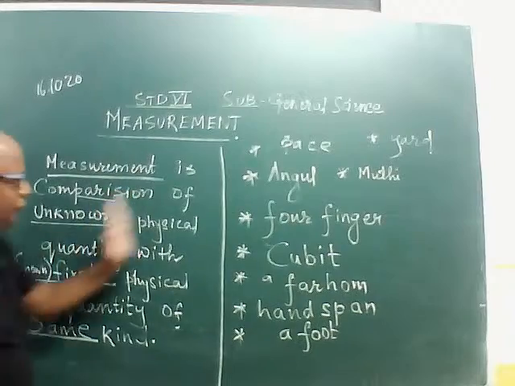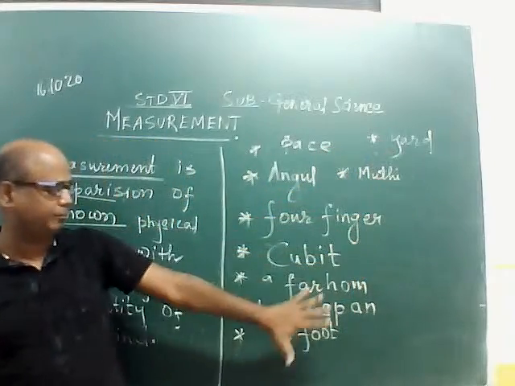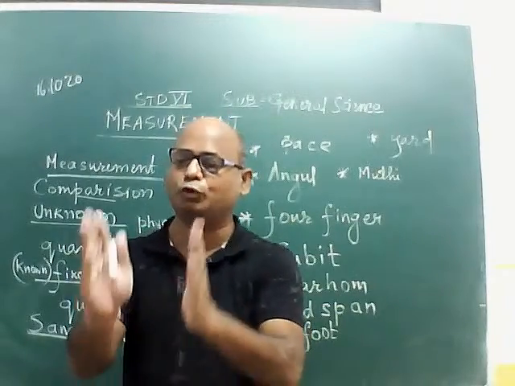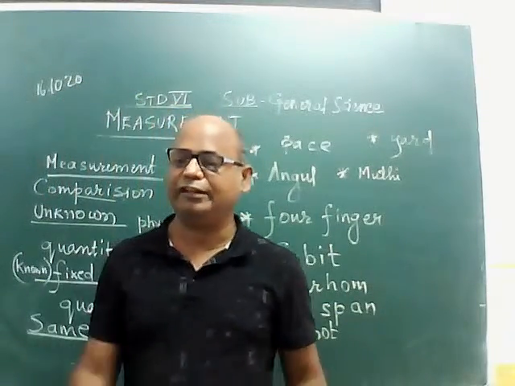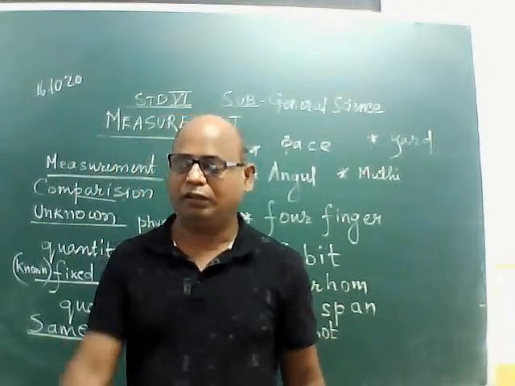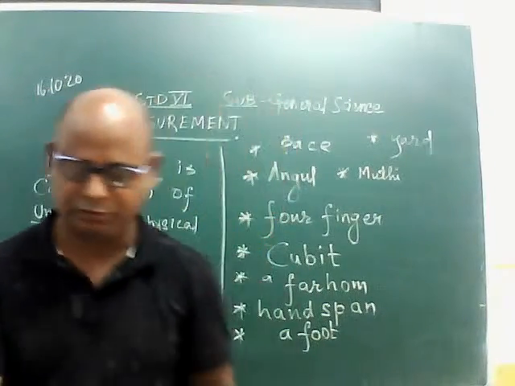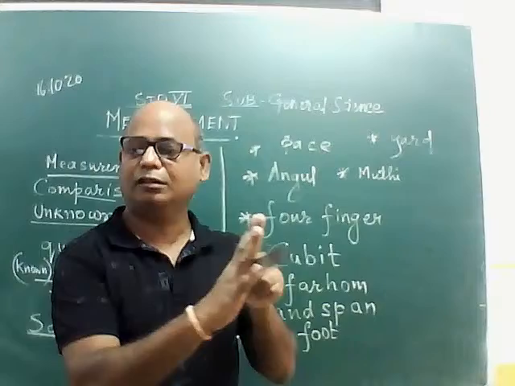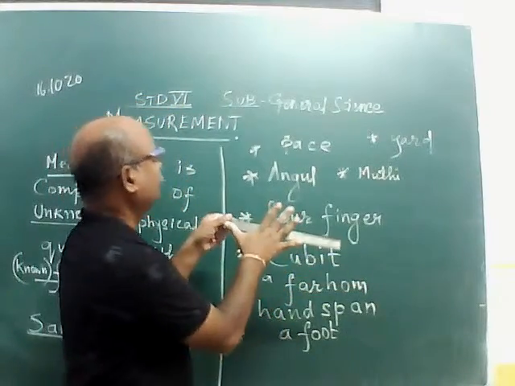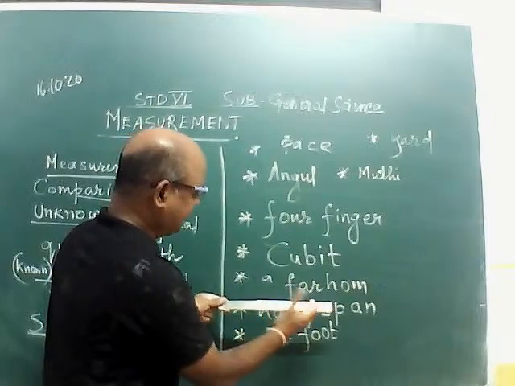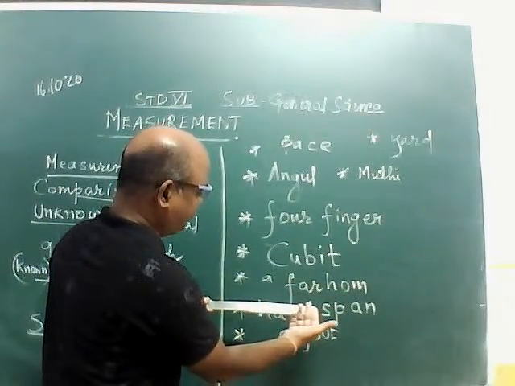Now if we compare with these body parts, it will differ from person to person. For example, if I measure the length of the scale, it is one handspan plus four fingers plus two fingers.